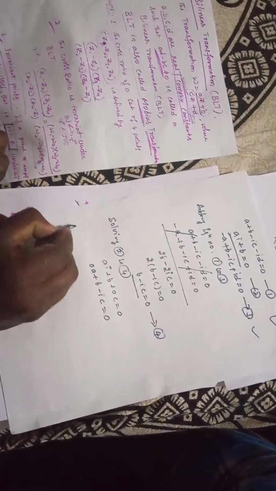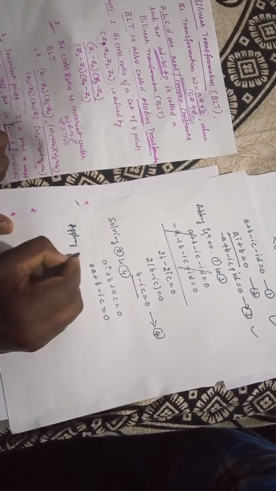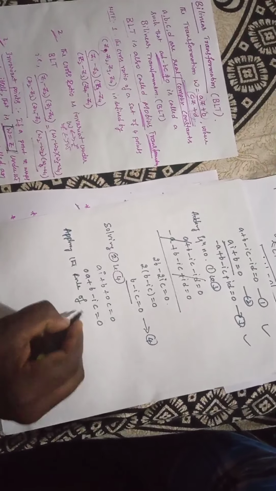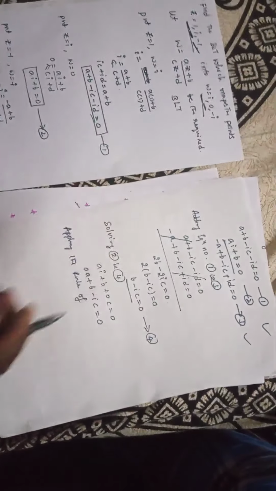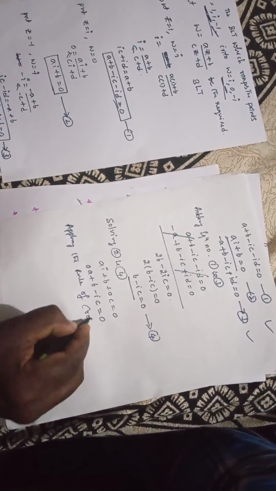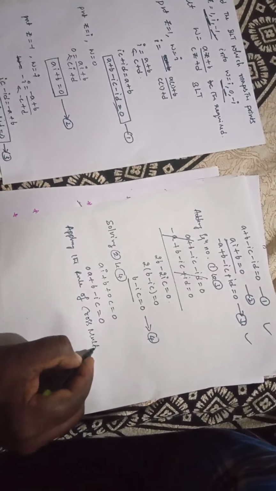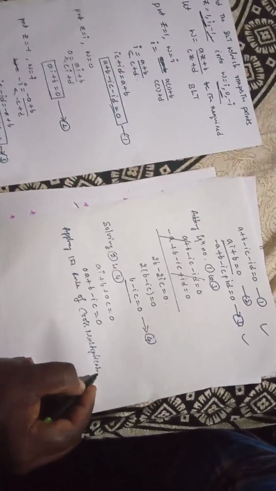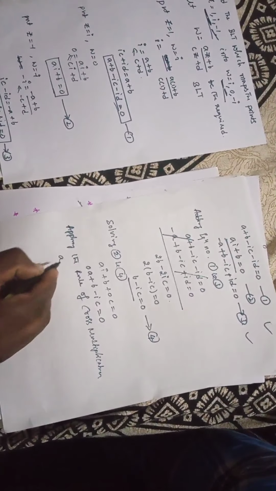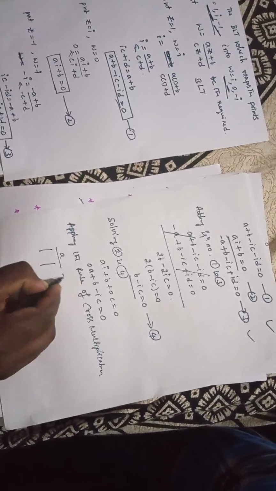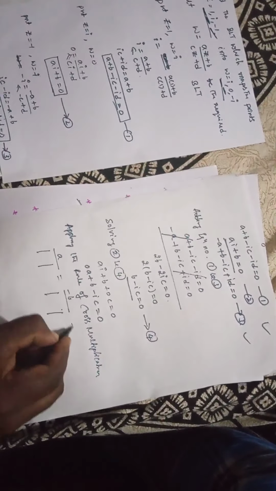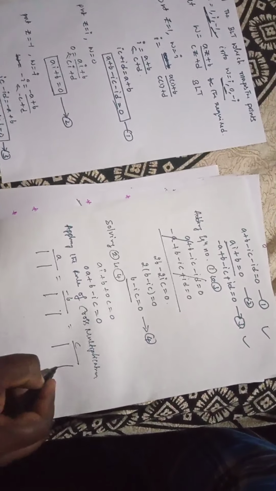Apply the rule of cross multiplication. Here we have to apply the rule of cross multiplication. a by determinant of, here a, b, c are the unknowns, minus b by determinant of, c by determinant of.